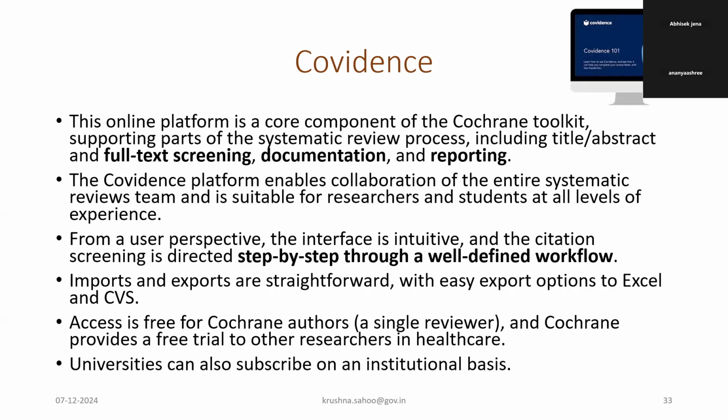But Rayyan is still good. If you are really interested, then for Covidence they can help you. Sir, in Rayyan, you can do only 5 systematic reviews at a time, in the free version. Okay, free version, fine.